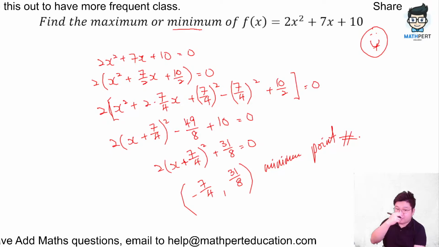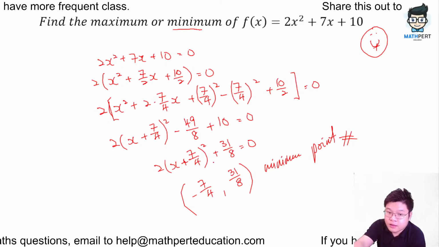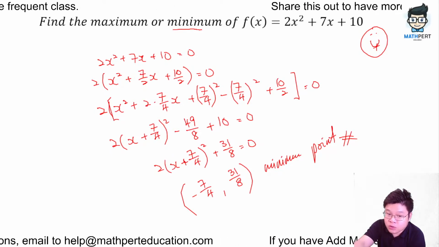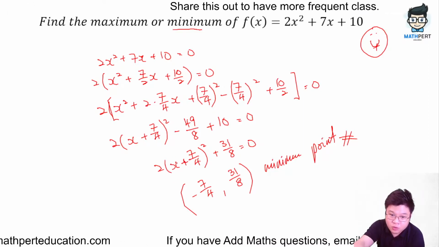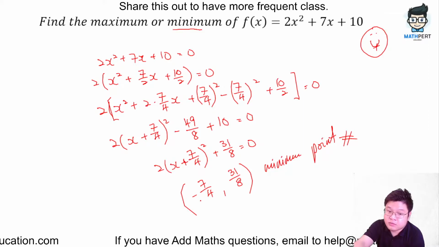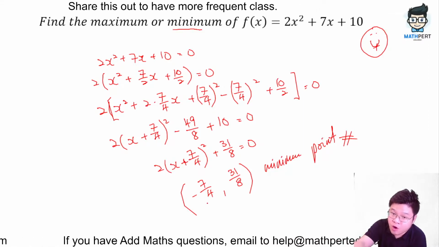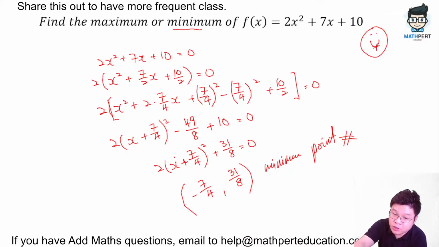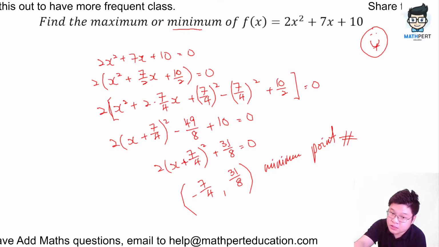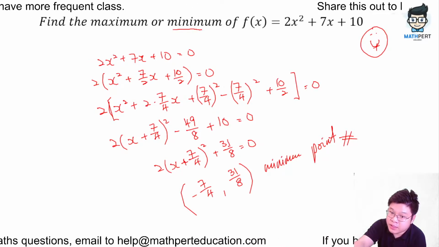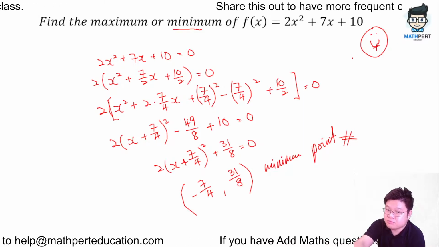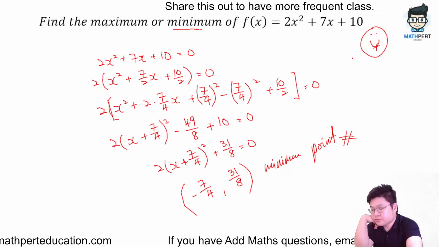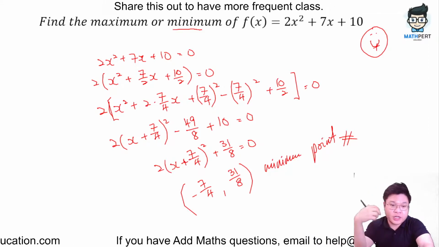This is the minimum point. So when this whole term, x plus 7 over 4, becomes 0, that means x must be equal to negative 7 over 4. When this whole term becomes 0, y is equal to this. That means it is a minimum point at this. Minimum, we already showed that just now. So any questions? Let me check the chat.